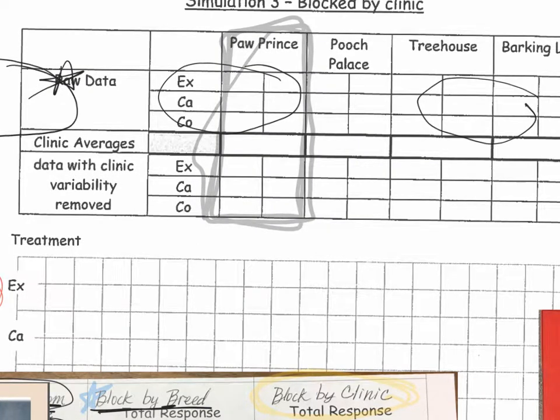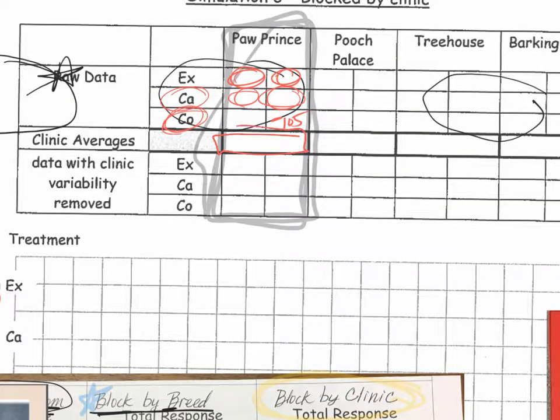So I'm going to get my numbers, and the same thing is going to happen. I don't want to go through this all over again, but you get 6 numbers here. We look at who has the particular treatment. We're calcium, and so we get our number and we put it down here, whatever that ends up being. Okay, you get the average and you subtract the average from that clinic.